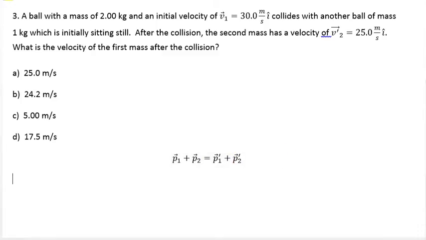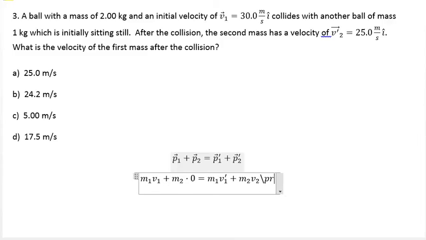Why? Because the y component of all the momentums we see is 0. The y component of the initial momentum of particle 2 is 0 because it's not moving at all. And so we know it's all going to be in the x direction, and we can just write it like this: m1 v1 plus m2 times 0 equals m1 v1 prime plus m2 v2 prime.